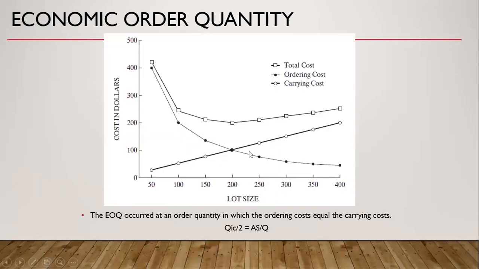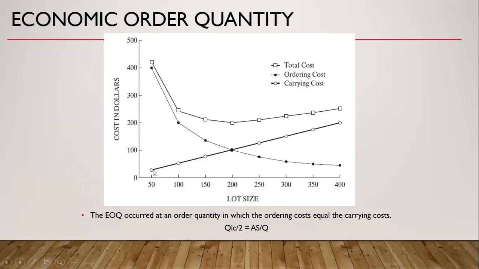This is the graph I have taken from a particular textbook. So this is the ordering cost. If we order small quantities multiple times, the ordering cost is more as compared to a larger quantity with few orders. This is the carrying cost.